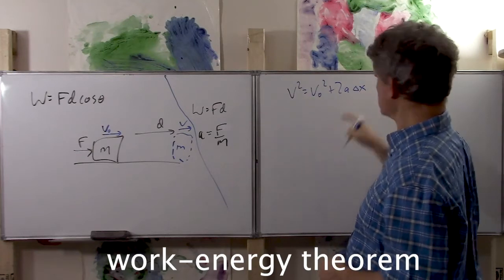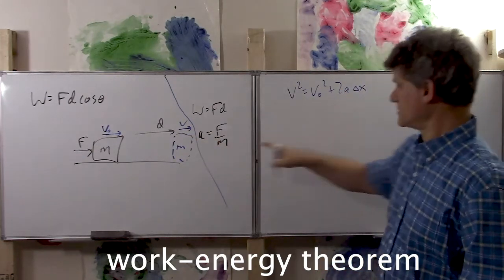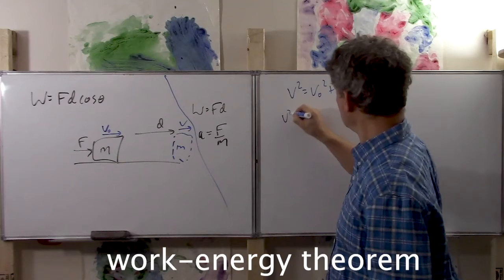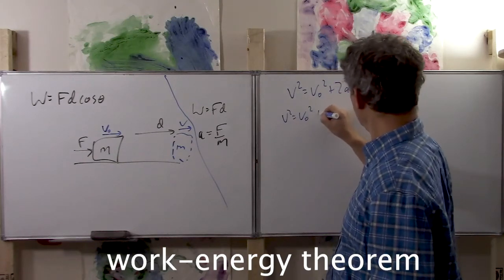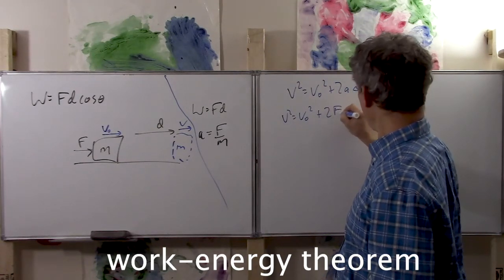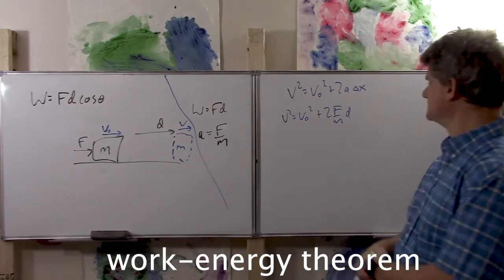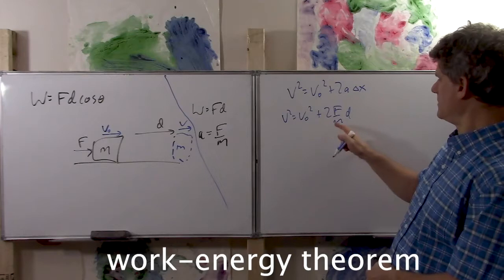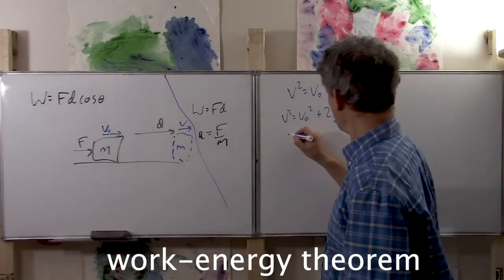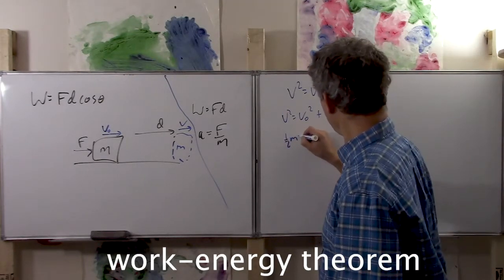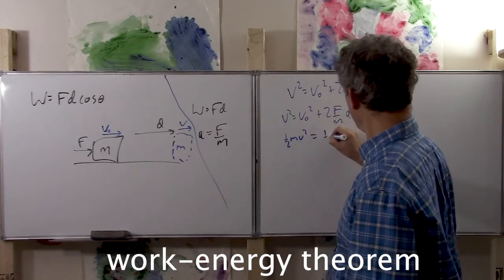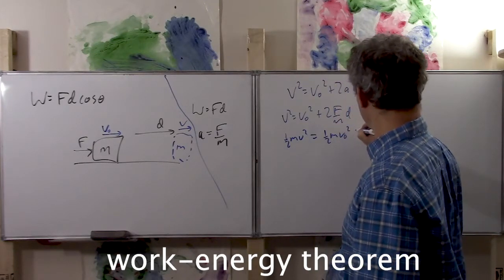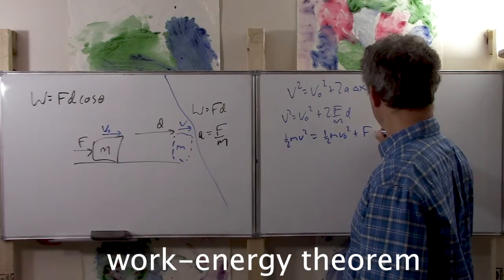So in our case, delta x is d, and acceleration is F over m. So v squared equals v0 squared plus 2F over m d. And if I multiply by m divided by 2, we get 1/2 mv squared equals 1/2 mv0 squared plus Fd.